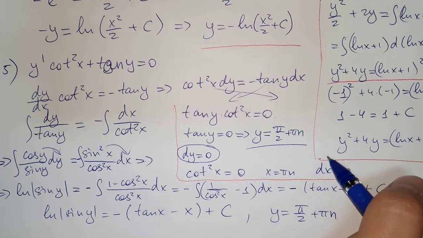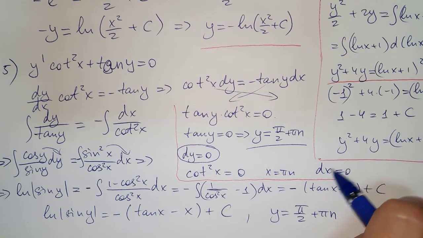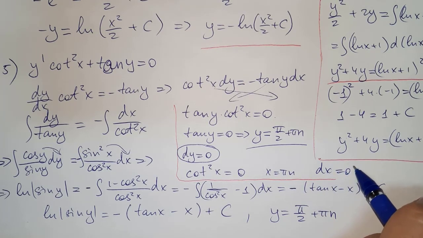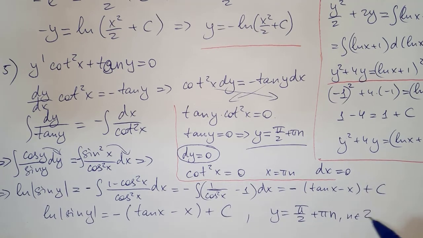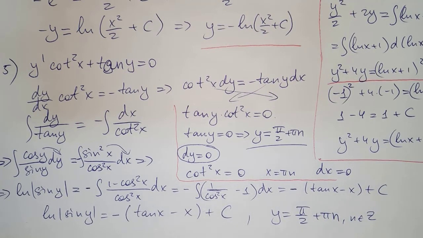But in this case, our dx is 0 is not satisfied. This is the final solution, where n is from the set of integer numbers.